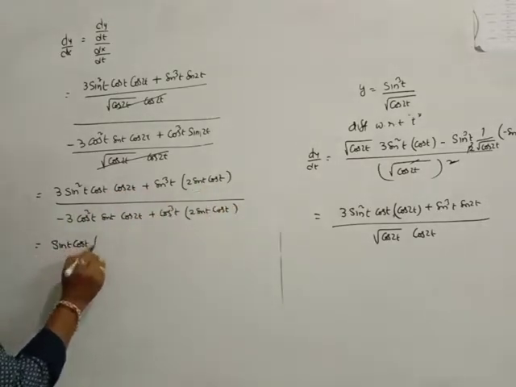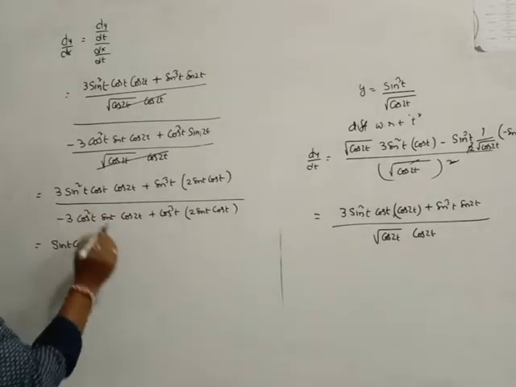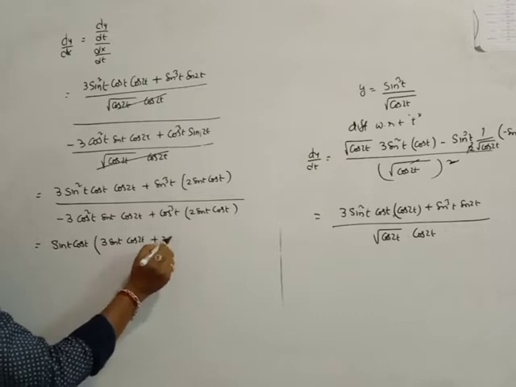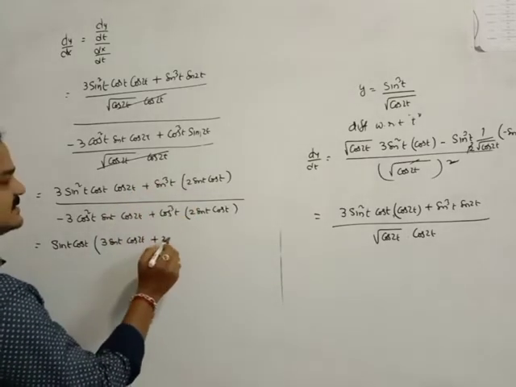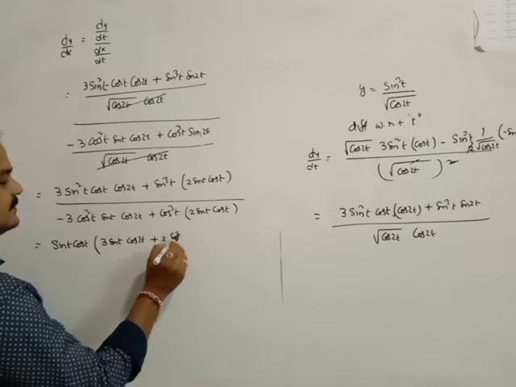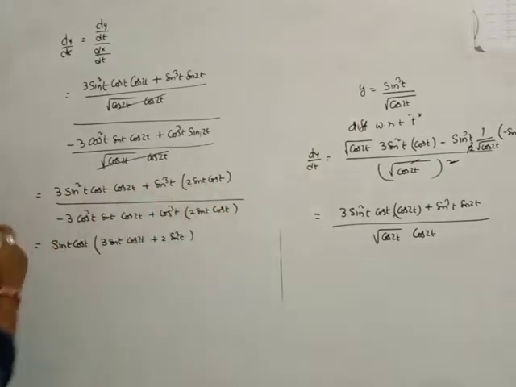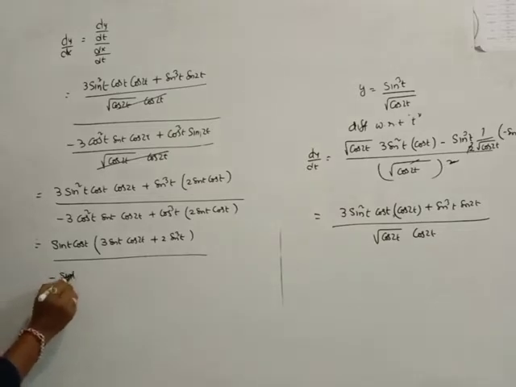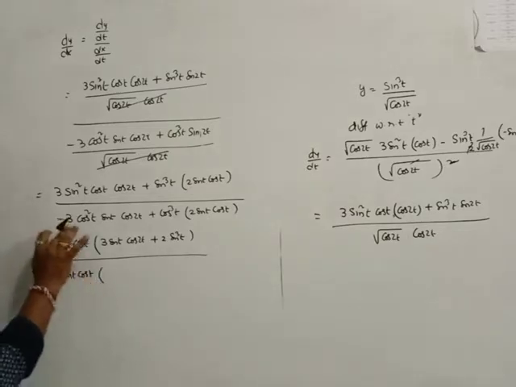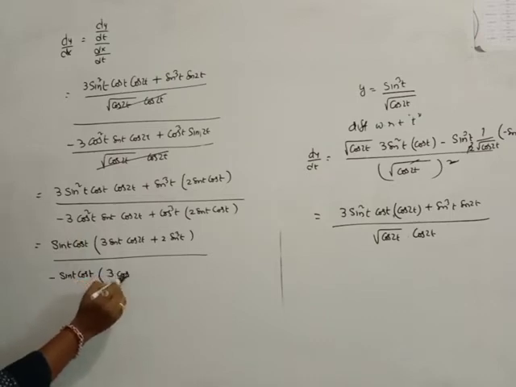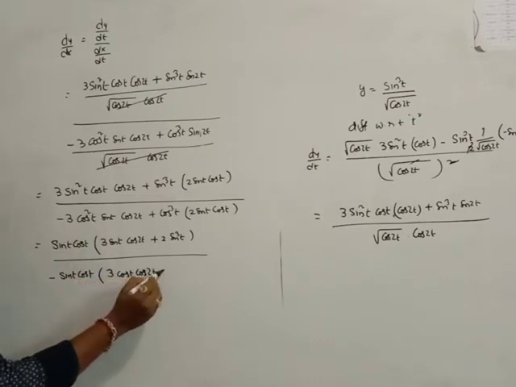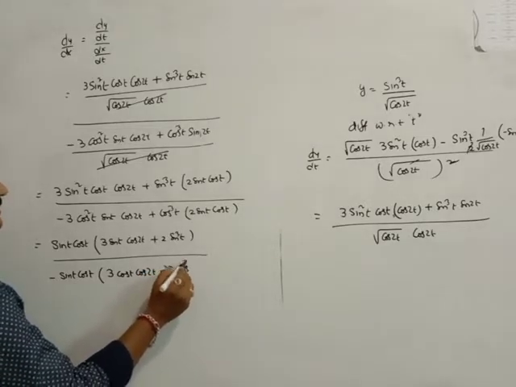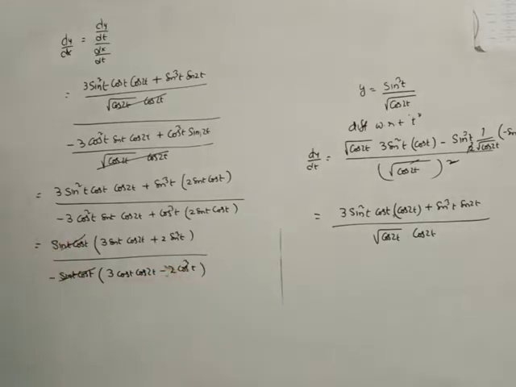Sin t cos t I taken common here: 3 sin t into cos 2t plus 2 sin cube t. Similarly here minus sin t cos t, take the common, it becomes a positive 3 cos t into cos 2t, plus minus into this one is minus 2 into cos cube t. This is the first step.